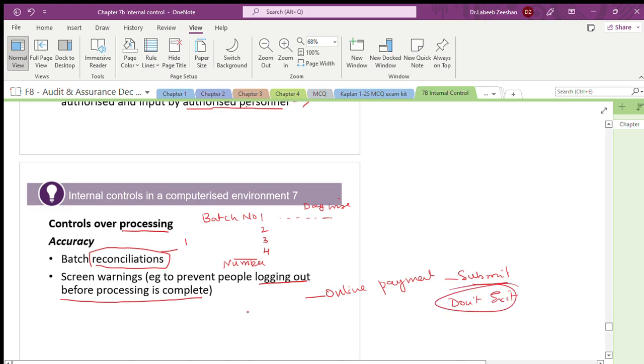You come across this in your systems many times. That is the example of screen warnings.